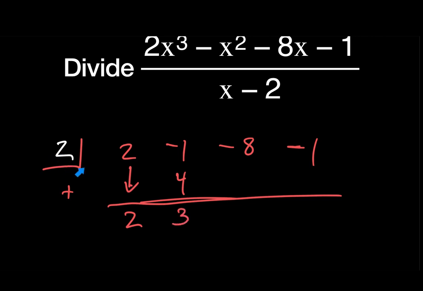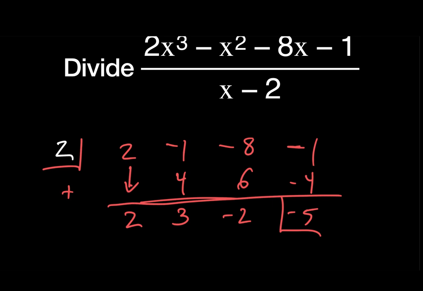And then I do it again. 2 times 3, and that goes here, and that's 6. And then I add, and that's -2. And then I go 2 times -2, and that goes here. That's -4, and then I add, -5. And then I'm done.